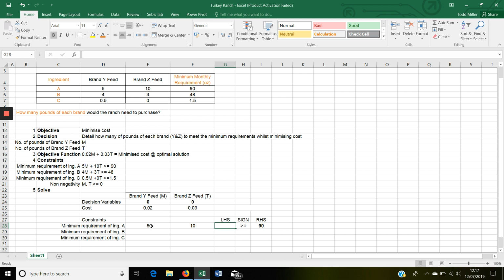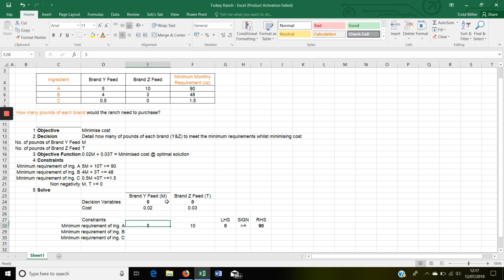This left-hand side, we're going to put into a formula: equals 5 multiplied by m plus 10 multiplied by t. And that is the left-hand side of the equation. Now, just to make sure that that is working, we change the m for 1. This cell changes to 5. And if we were to change t to 1, we'll hope it to be 10. Presto, it is 10.